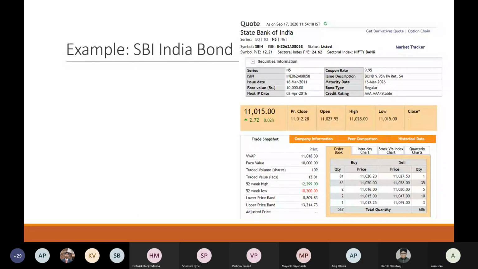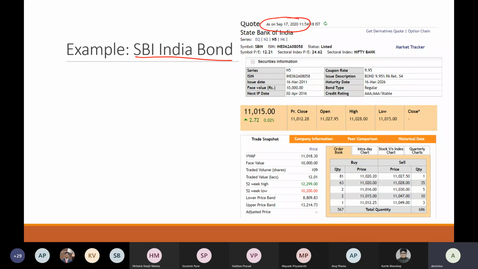Now, this is one of the traded bonds issued by SBI India. You can see, I have taken this on September 17, 2020 from the NSE website. So why am I showing this? So that whenever you are going to do valuation for a bond, you will be able to understand all these terms.